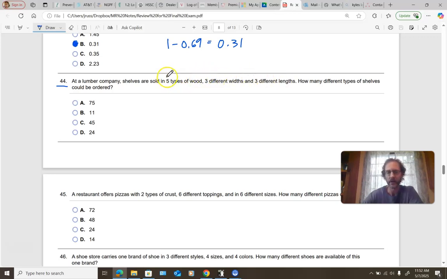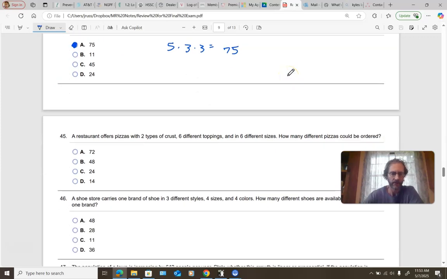So in other words, the number of ways you could pick the type of wood, which is 5, times the number of different widths times the number of different lengths. You just multiply, and I think this is going to be 75. So there'll be a total of 75 different combinations for shelving.